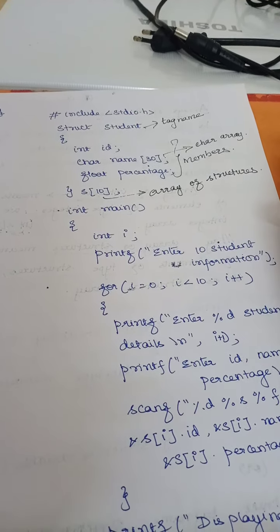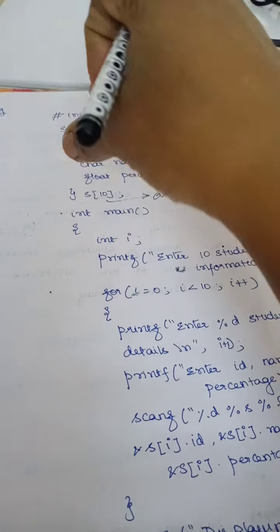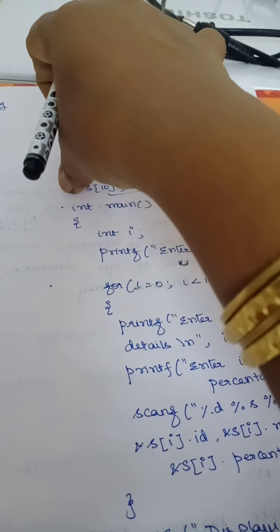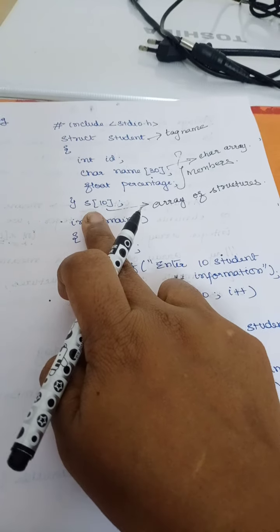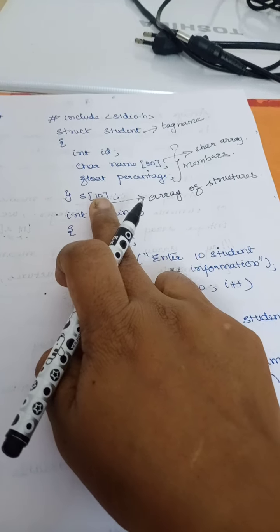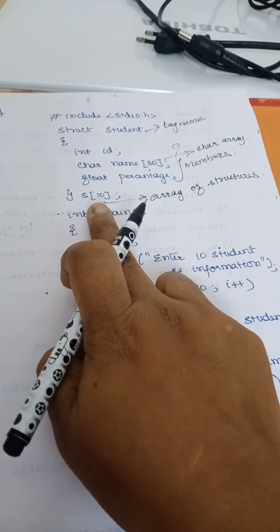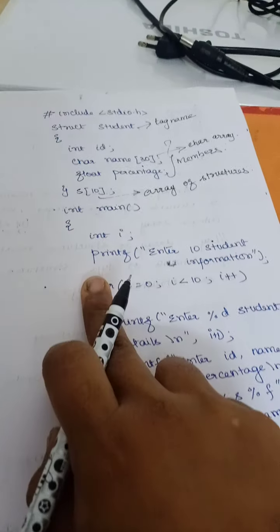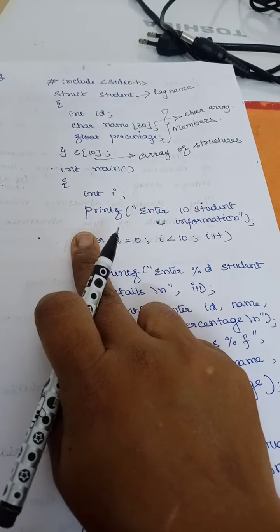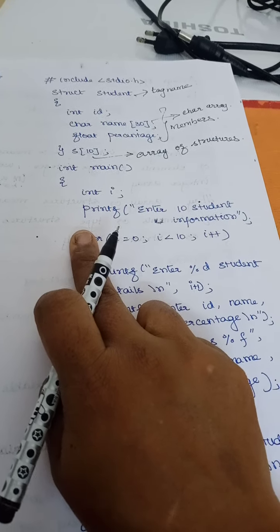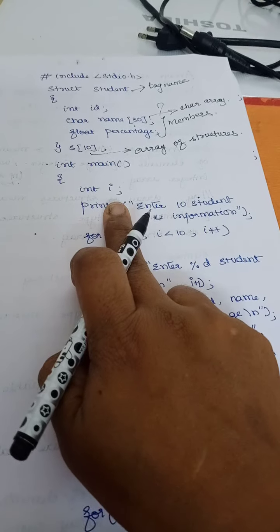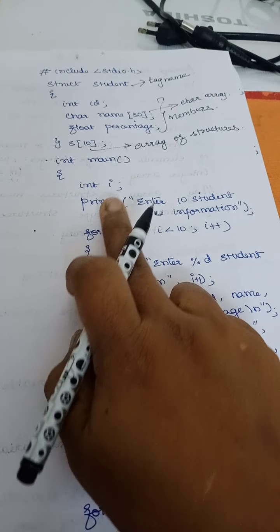How do you write int a[10]? Instead of int, I am declaring that it is going to be of structure type. So struct student s[10]. So here I am going to have an array of structures. Each element in the array is of type structure, right? Now we will see how to access the array. In the same way as we normally do, you are going to do it here. So int i, this is for looping.